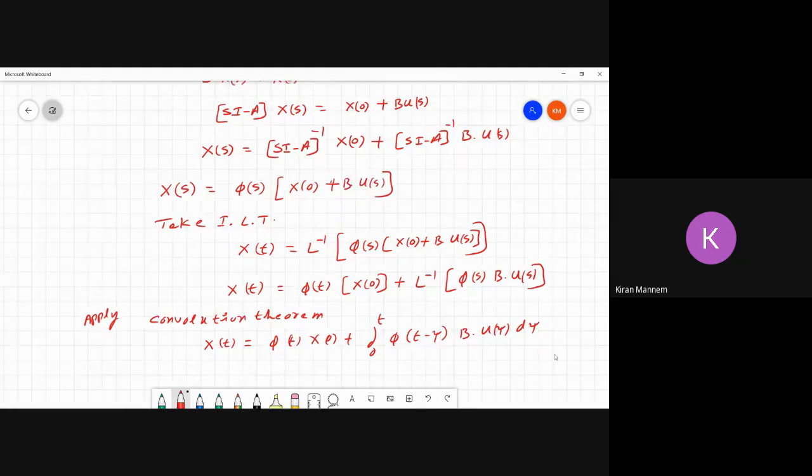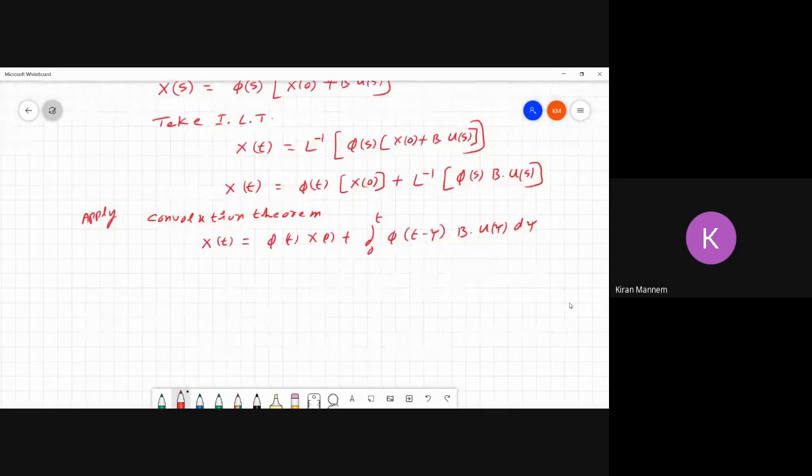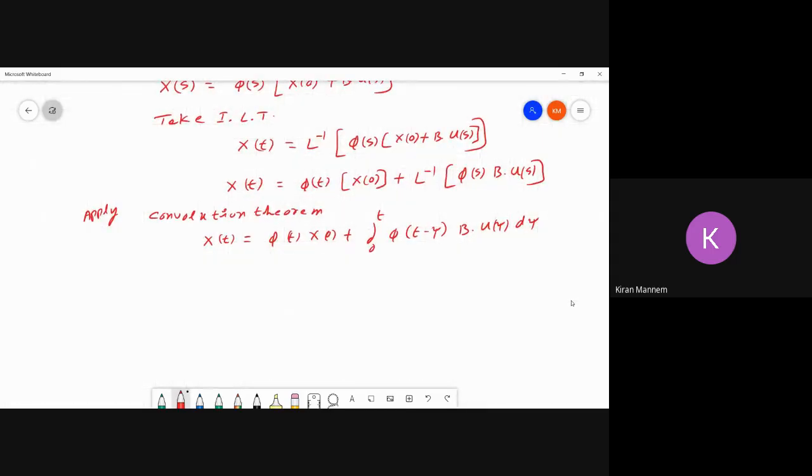Now we have one more term called the state transition equation.